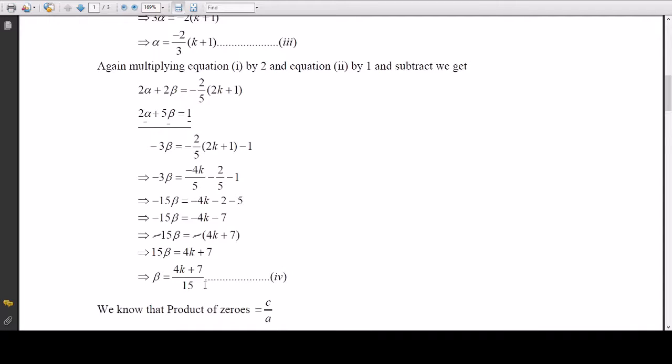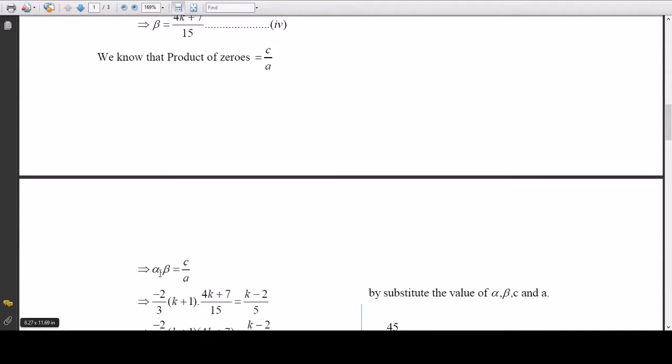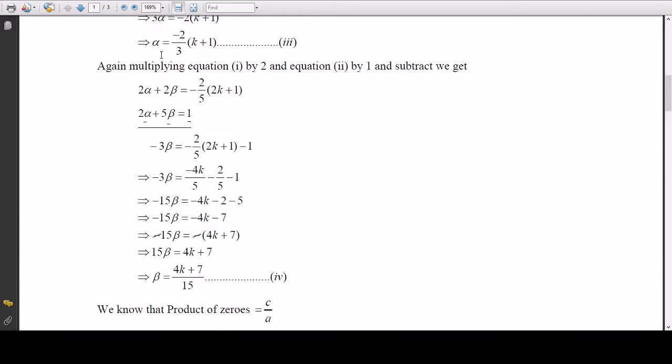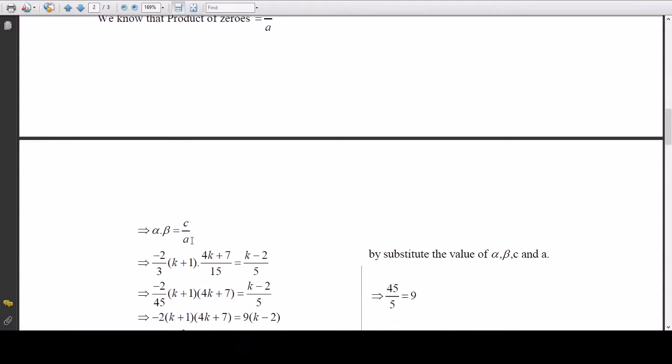Now we know that the product of zeros equals c by a. That means alpha multiplied by beta equals c by a. Alpha is in equation number 3, beta is in equation number 4. Substitute the values of alpha, beta, c and a.